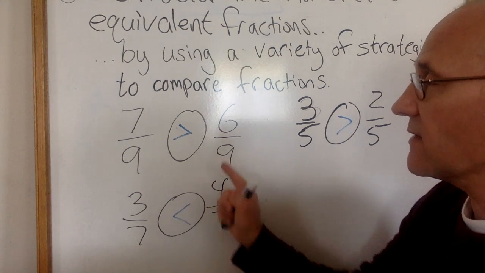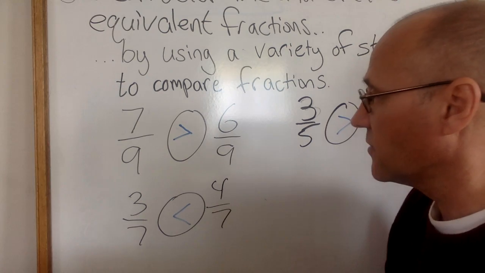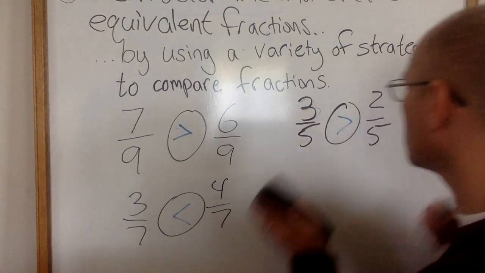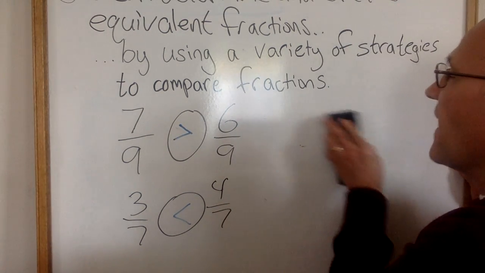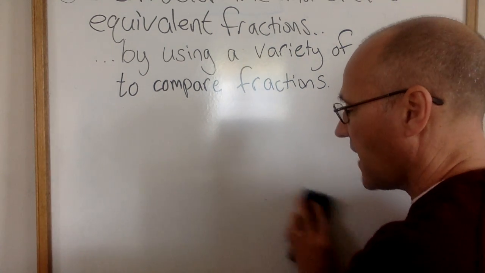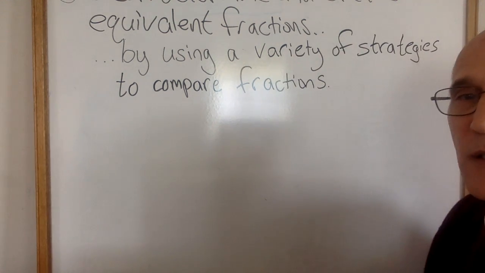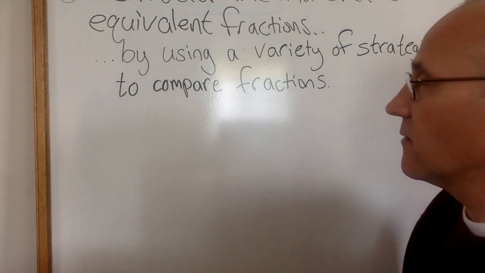So when denominators are the same, just compare numerators. In fact, that is a good way to compare any fractions. If you set them to a common denominator and just look at your numerators, you will always know.